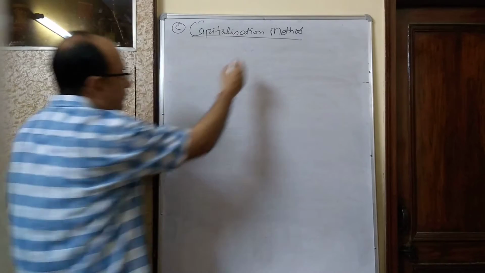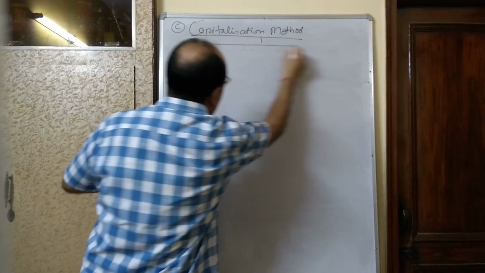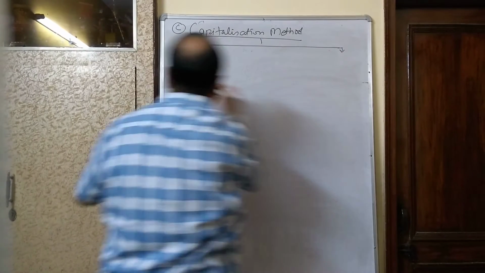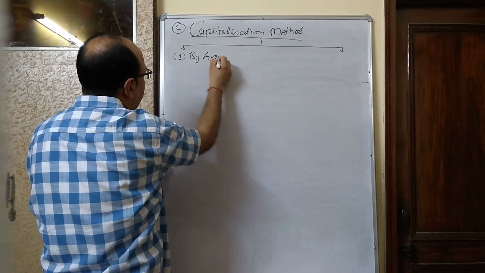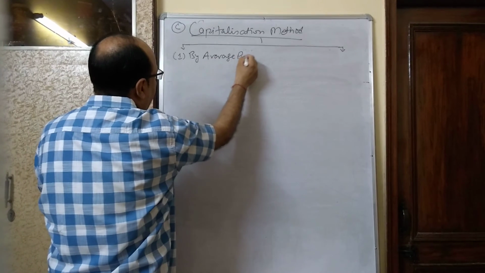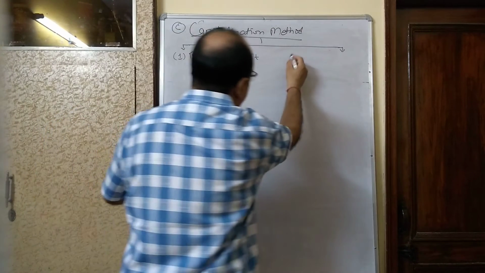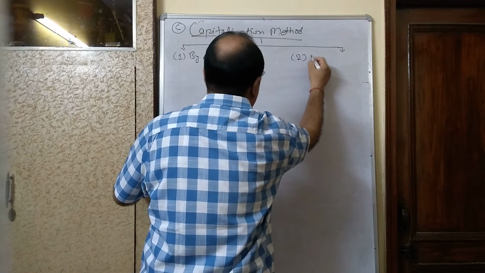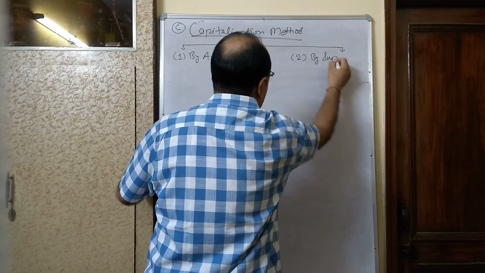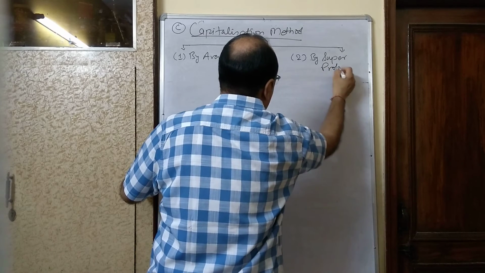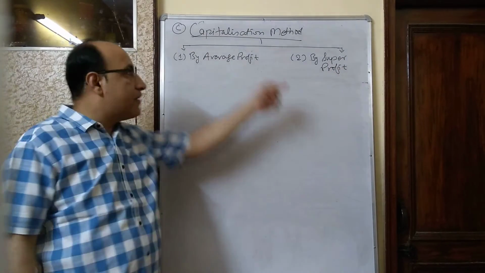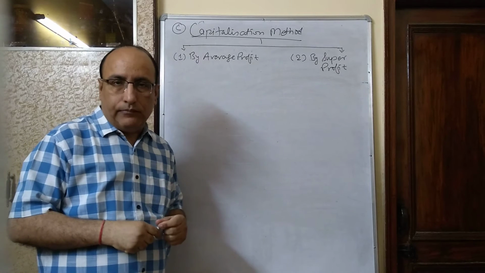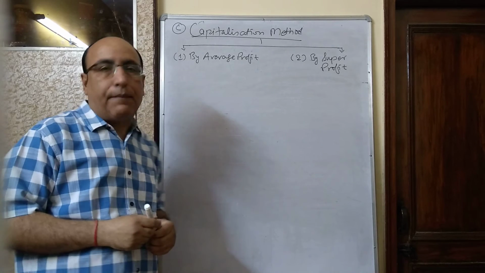It is calculated in two ways. Number 1 is by average profit and number 2 is by super profit. Whatever we discussed in the two methods, average profit and super profit, the same thing will be applied when we solve the question through the capitalization method.